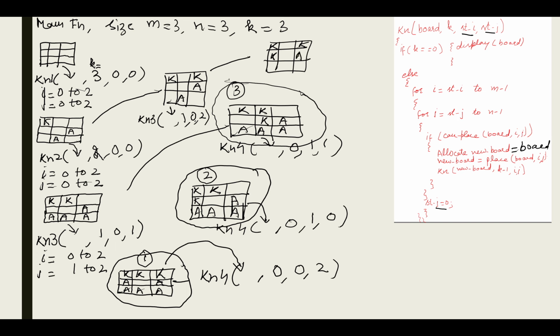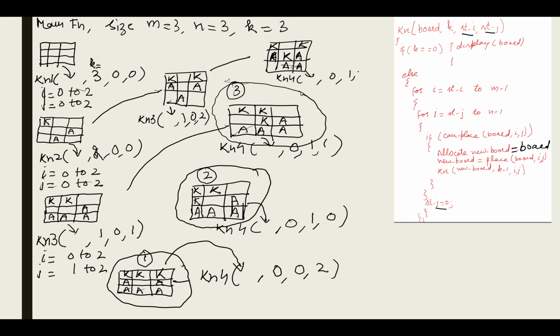This is very different from before. When we placed here, the attack comes here. So this is also attacking. We have to also mark the attacking positions. So we won't be able to place here, so we will place here. This is the call given to Kn4.